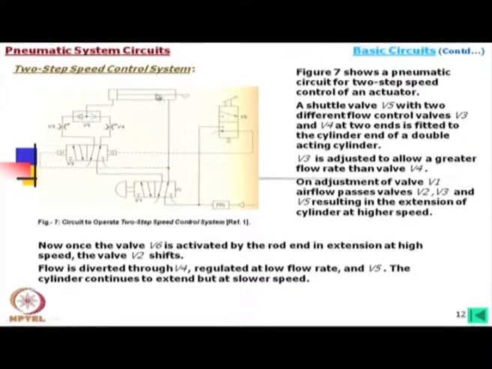That means, when it reaches here, this is actuated, and after this position it will move at slow speed.